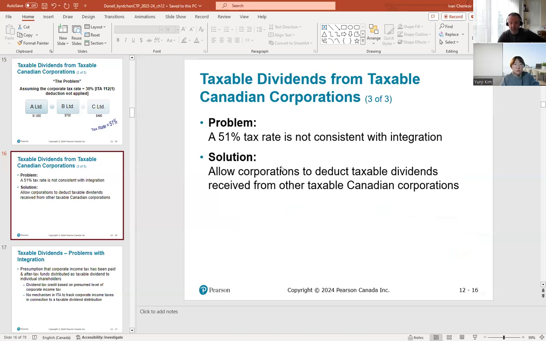So what will be the solution? Allow a corporation to deduct the taxable dividend received from other taxable Canadian corporations. That's the general idea here, because for that reason, the dividend flows from one corporation to another corporation tax-free.